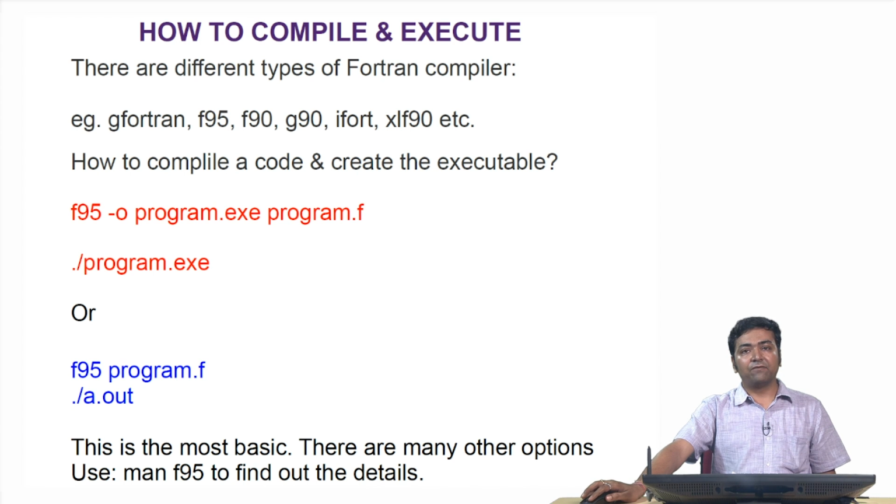Here program.f is the input file which contains the Fortran program written by me. If I type this on my command line and press enter, the compiler will compile, link and produce the output in the executable file called program.exe. Then to run it from your command line, you need to type ./program.exe and then press enter.